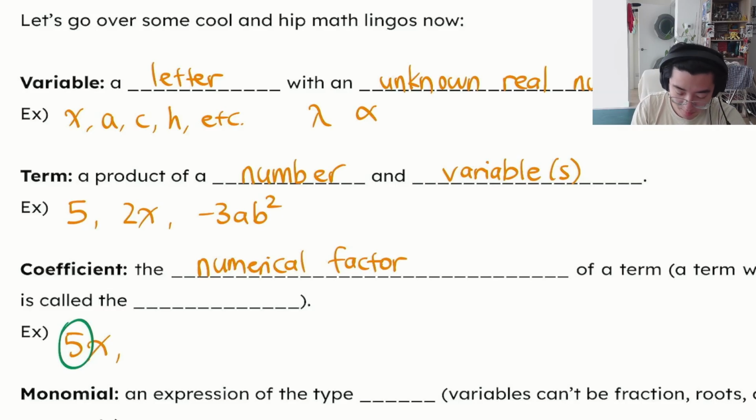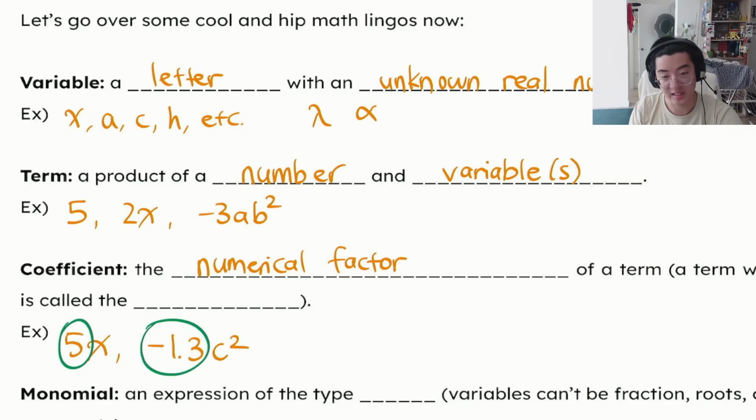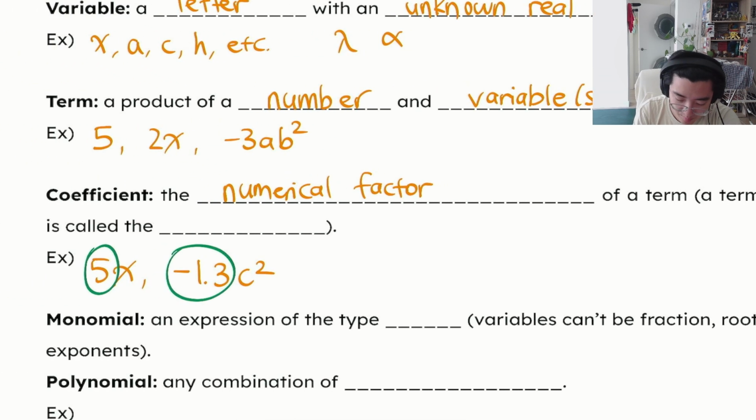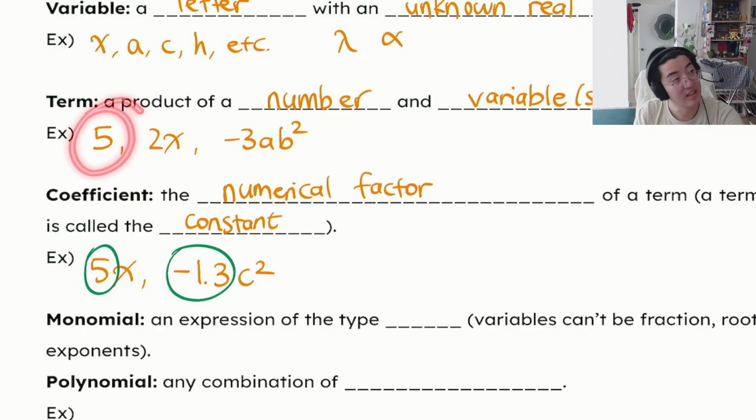So that's like the number part of the term. Or things like 1.3. The 1.3 here is the coefficient, even if it's a decimal. And of course, a term with just a number is called a constant. For example, this 5 here is also called a constant.